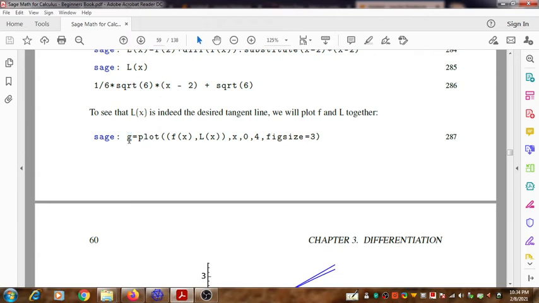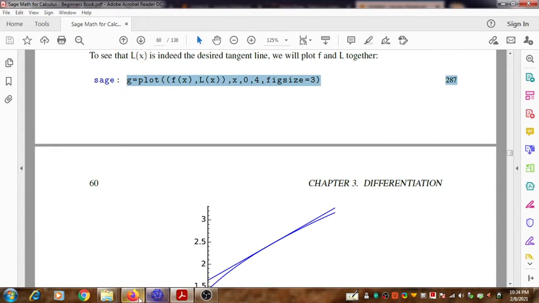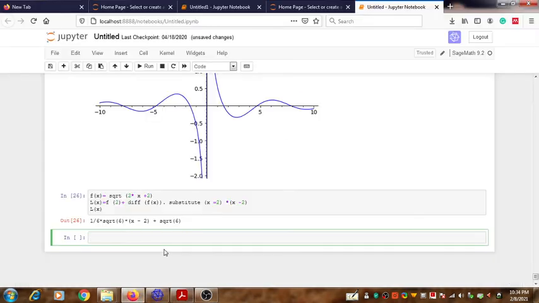For that we can write g equal to plot(f(x), L(x)), with x ranging from 0 to 4. Figure size is given here as 3. So okay, by copying and pasting it, we can take the output now.